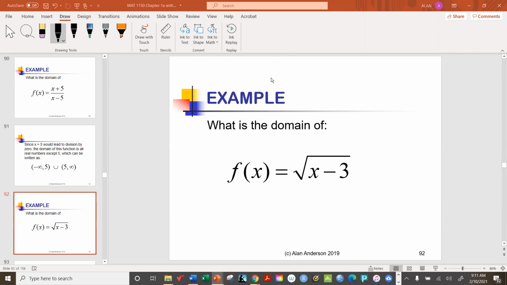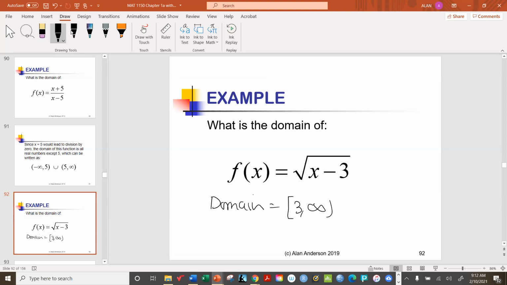So the domain is everything from positive 3 up to infinity, but not including 3. Oh, actually, no, I'm sorry. You were right. I was wrong. 3 is okay here because that would just give us a 0. So let me fix that. We can include 3, but nothing below that will be allowed because that would lead to a negative number here.